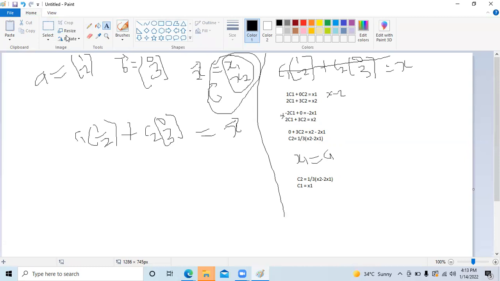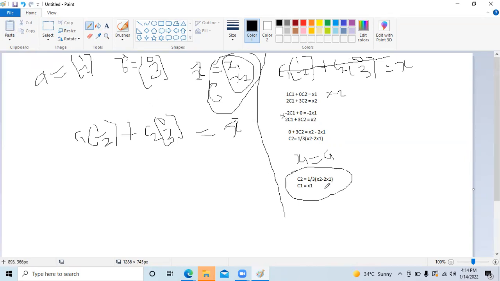What I've just done right now is to prove that if I put any value of C1 and C2, I'm going to get any linear combination of vector A and vector B.